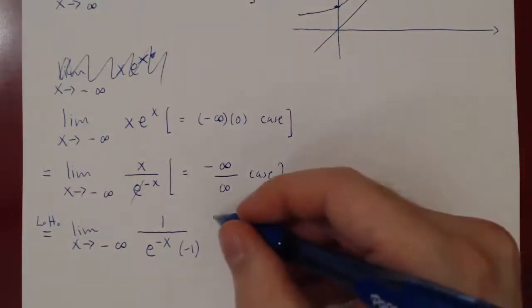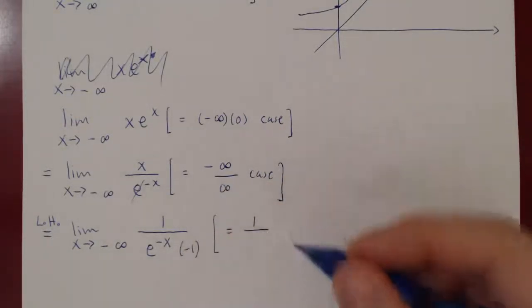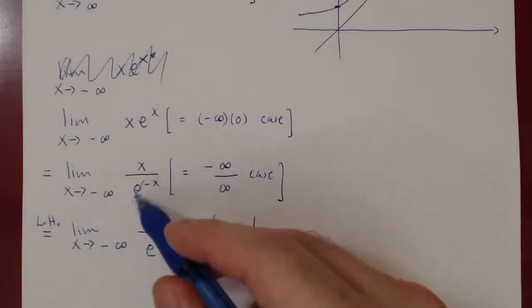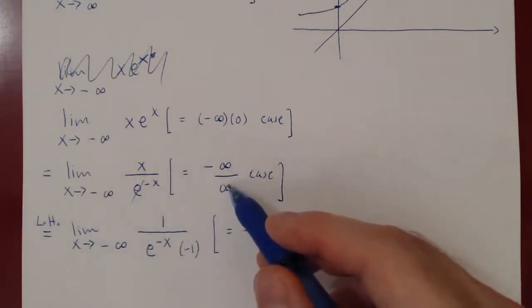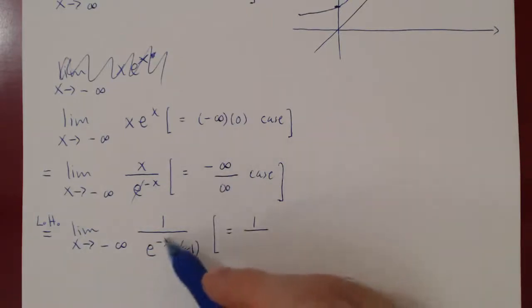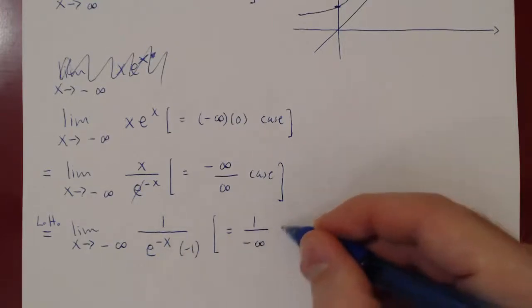But now what is our case? 1 is always 1 over, as we have said before, as x goes to negative infinity, e to the negative x approaches positive infinity. This goes to positive infinity times negative 1, so it approaches negative infinity.